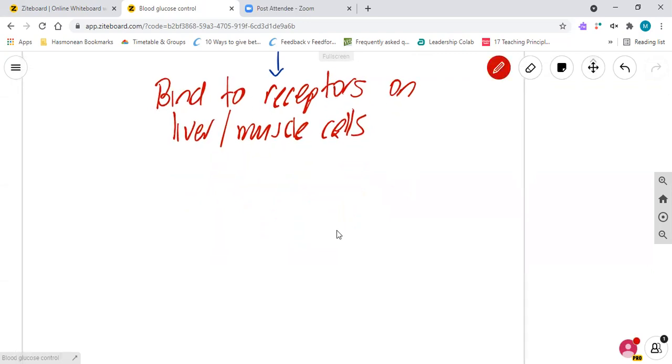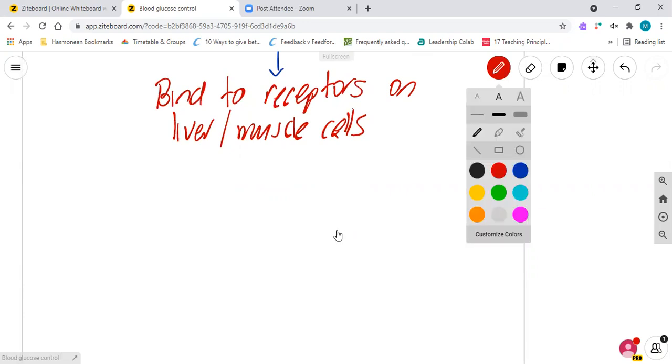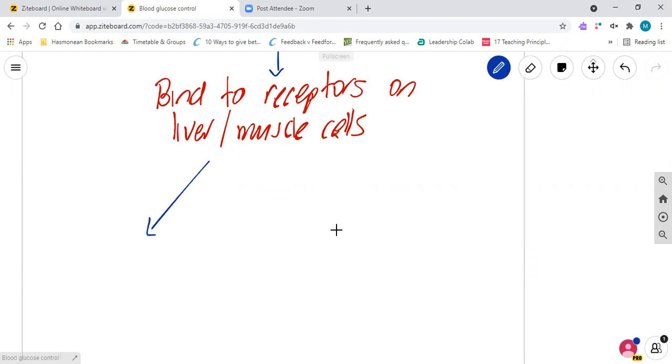And what does it do when it gets there? Well, it actually enacts what we call a secondary messenger system, but we will come to that in a different video. But as a result of the secondary messenger system, different things will now happen.